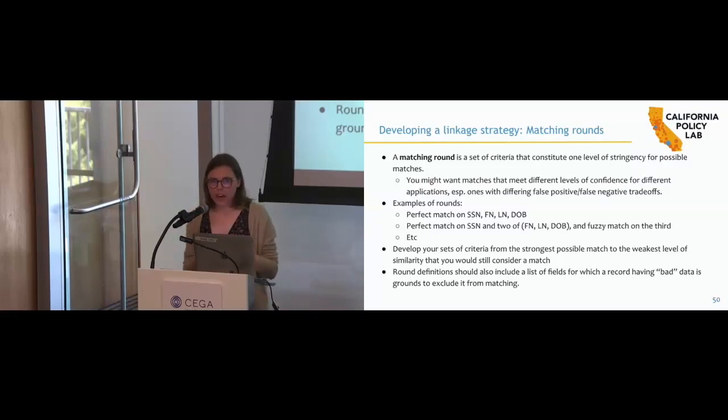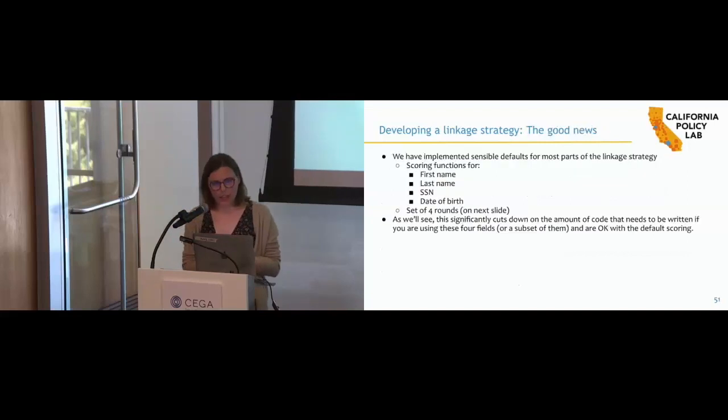And part of the round definition is also how you're going to treat the bad data in that round. So we have our own defaults that have worked for a variety of administrative data sets that we've worked with. And we found it tends to be a pretty broadly applicable way of doing it to a variety of contexts.